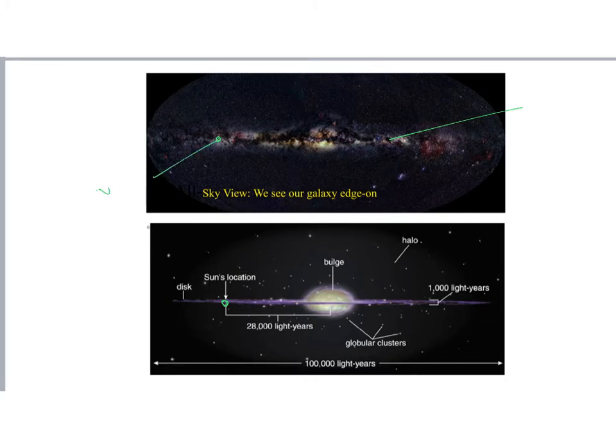So we are somewhere here, us, our solar system, and you see these things, those are the dark nebulae, which are molecular clouds where stars form.